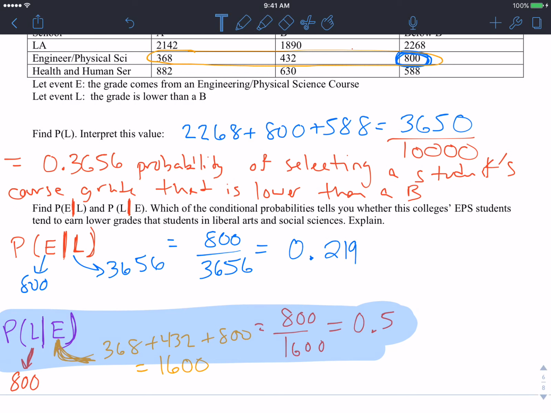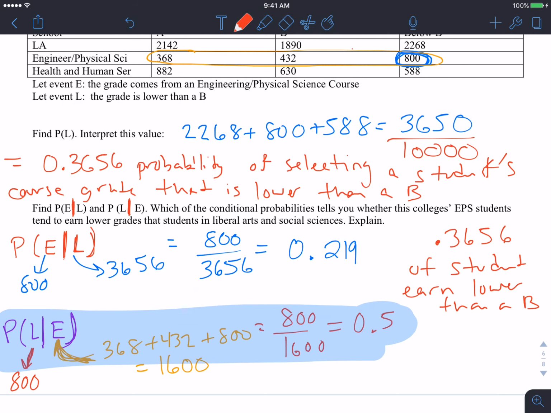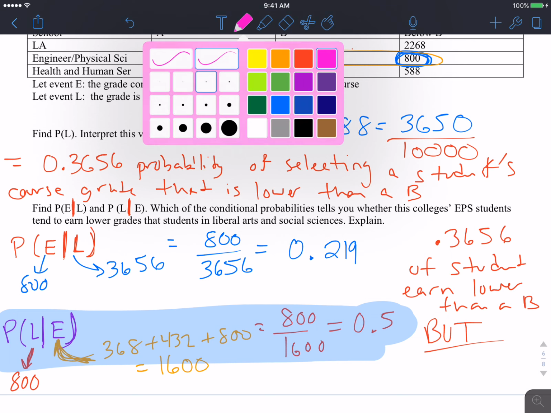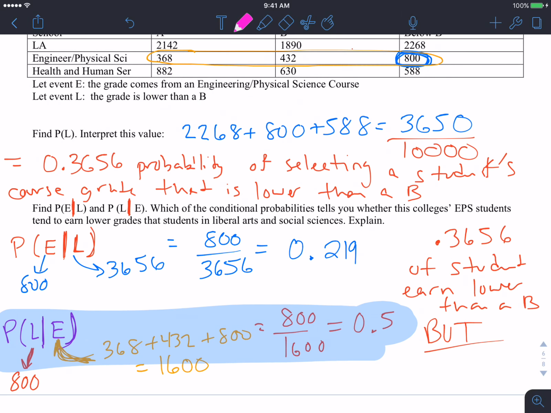Because in problem 1, we said 0.3656 of students earn lower than a B. But the probability of an engineering student earning lower than a B is 0.5.